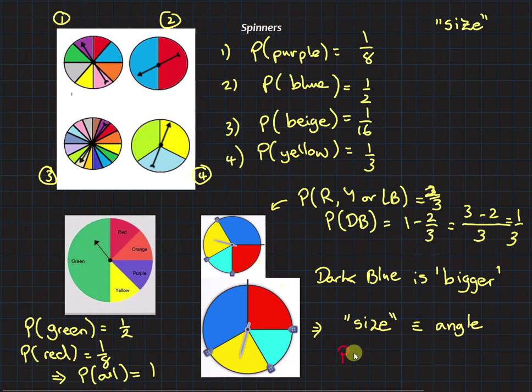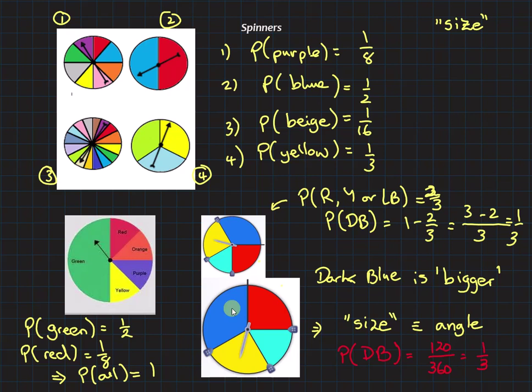The probability of dark blue is its angle compared to a full circle. So this angle there is 120 degrees. Hopefully you can all see that and estimate the angle as being about right. Divided by the full circle, 360 degrees, which gives me 1/3.